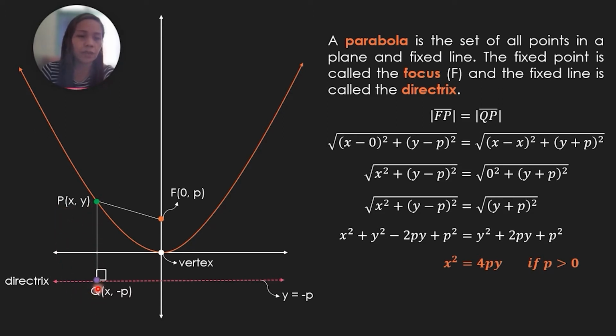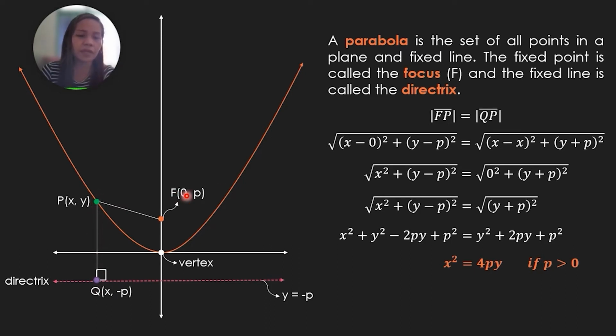Now, as long as this line is perpendicular to the directrix, this would mean that the distance of this line segment and the distance of this line segment are equal.